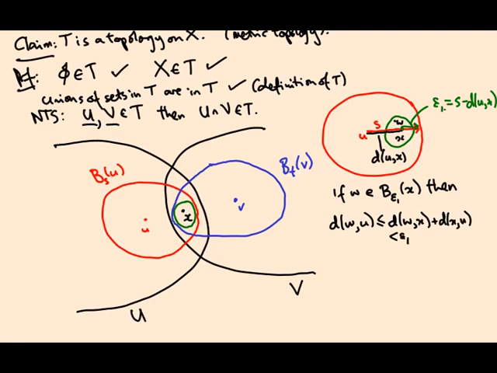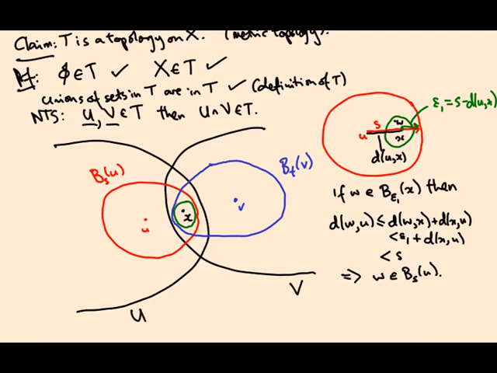And epsilon 1 is s minus d(U, X), but we've got a plus d(X, U) here, so overall this is less than s, which is what I want. That tells me that W is in the ball of radius s around U.